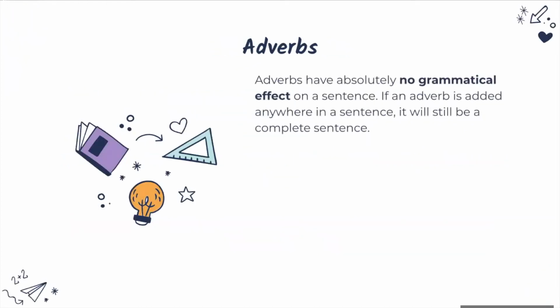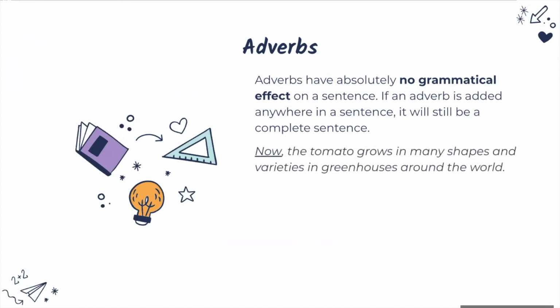Continuing on with adverbs. Adverbs don't have any grammatical effect on a sentence. So if you add an adverb anywhere in a sentence, it's still going to be a complete sentence. Here's an example: Now the tomato grows in many shapes and varieties in greenhouses around the world.